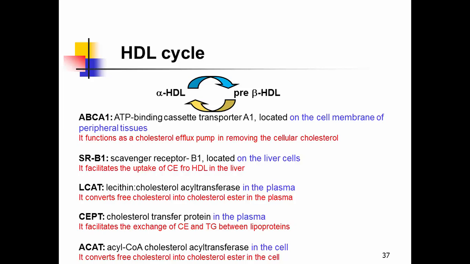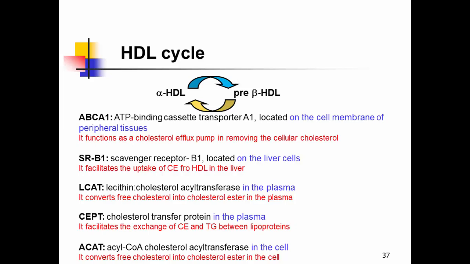Remember, beta HDL picks up free cholesterol from the peripheral tissue, and this free cholesterol needs to be esterified to cholesterol ester so that it can be internalized to the core. Otherwise, the free cholesterol always stays on the surface.